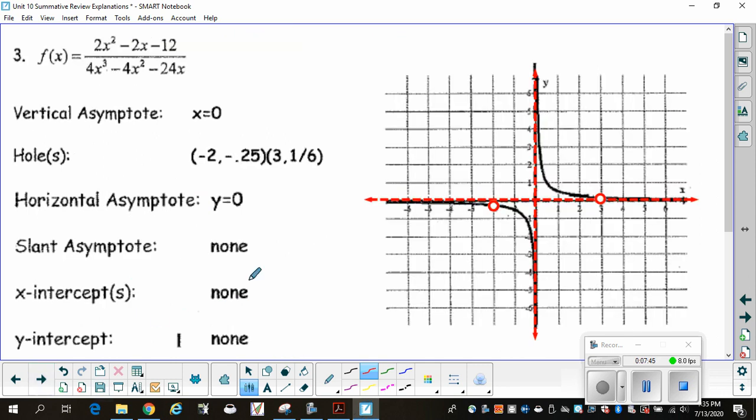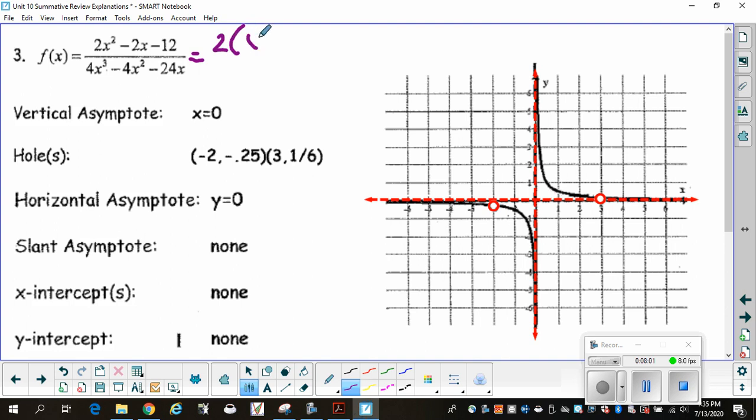Number 3. We've got to factor this. We've got to factor the numerator and the denominator. And so we shall. In the numerator, we've got a greatest common factor of 2.